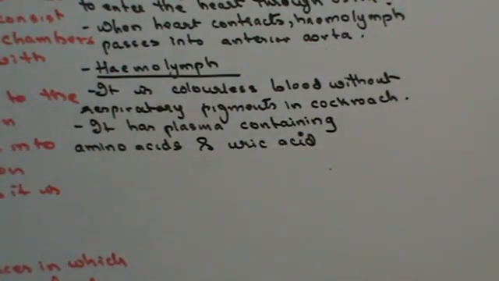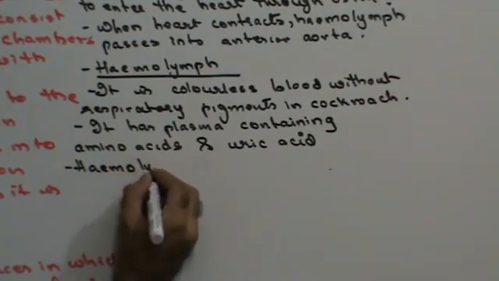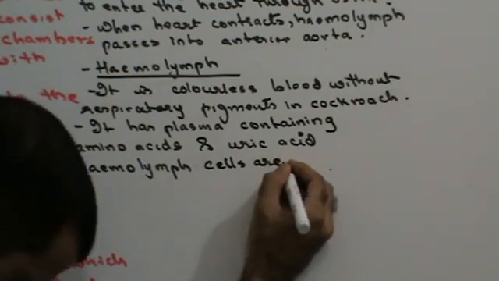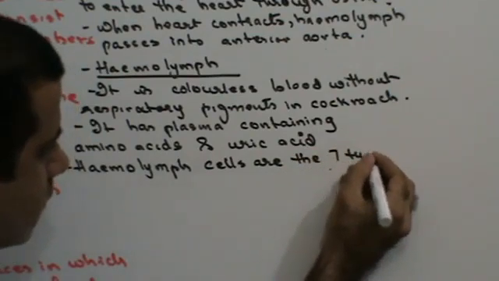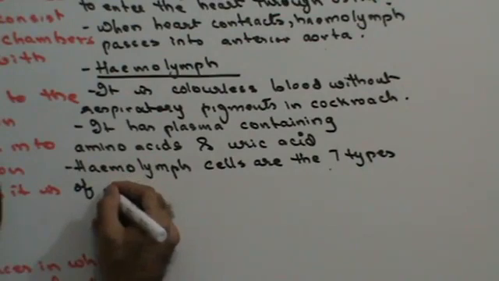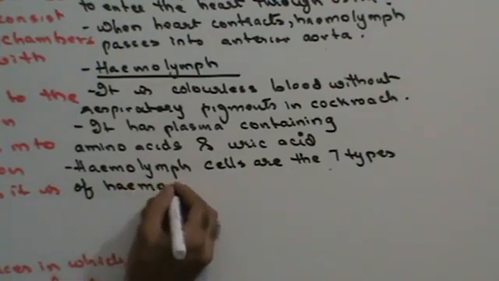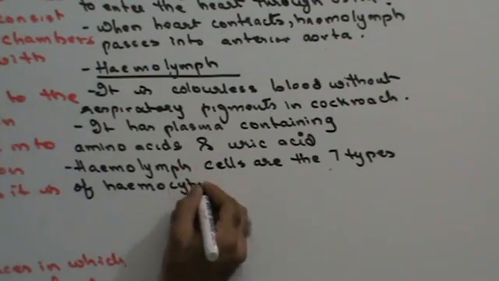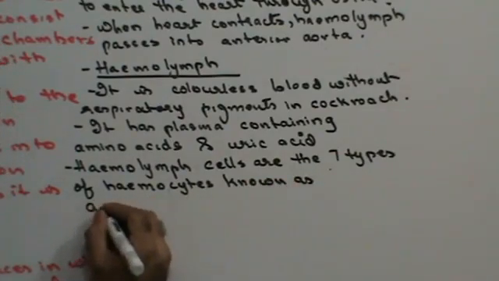Hemolymph cells are of 7 types of hemocytes known as amoebocytes.